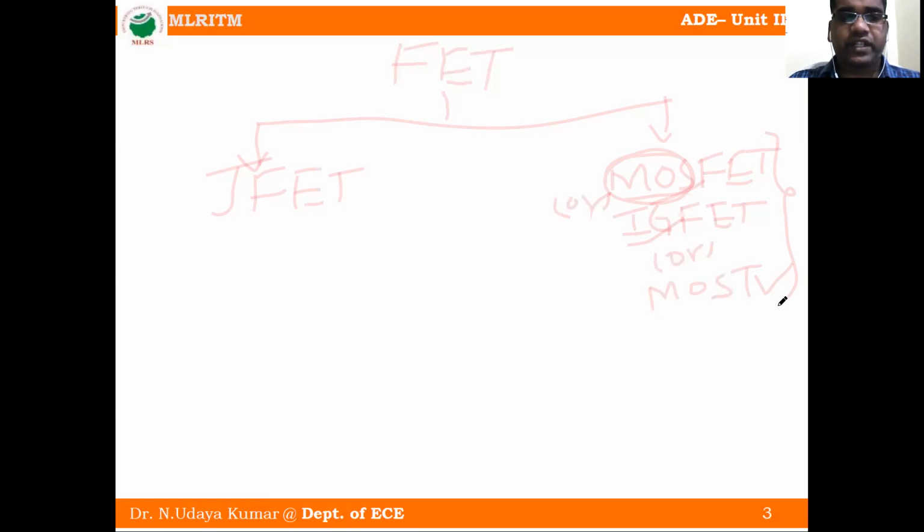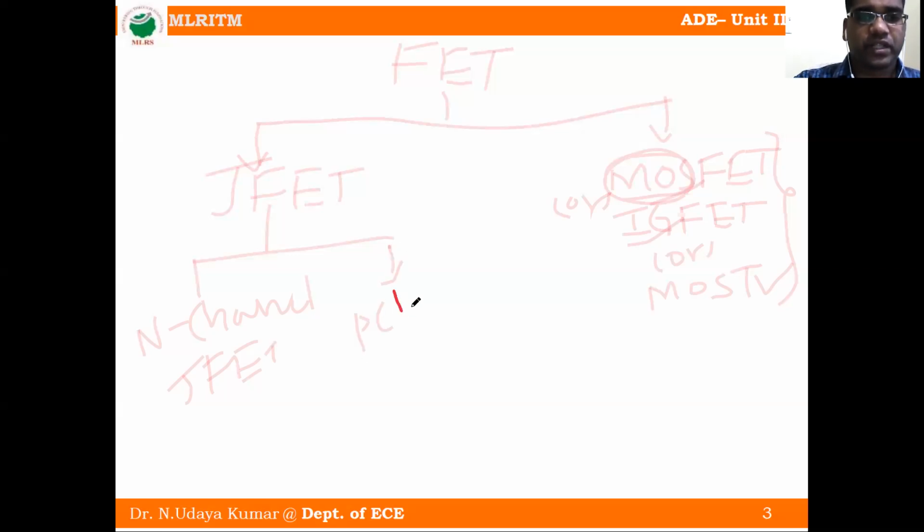Again, JFET can be categorized into two types. One is N-channel JFET, the second one is P-channel JFET. MOSFET is also categorized into two types.